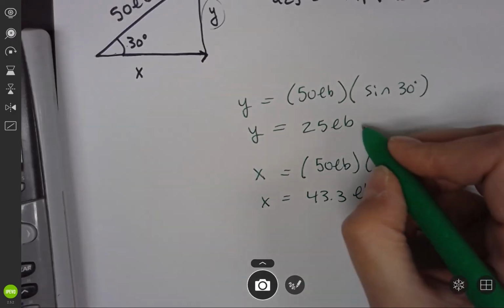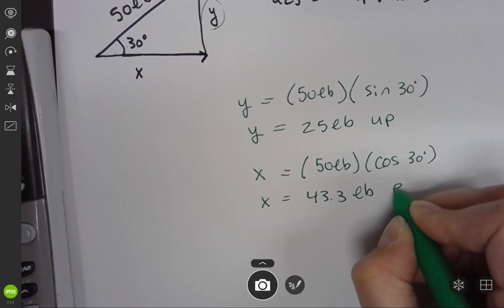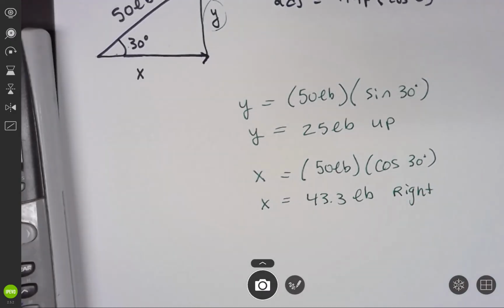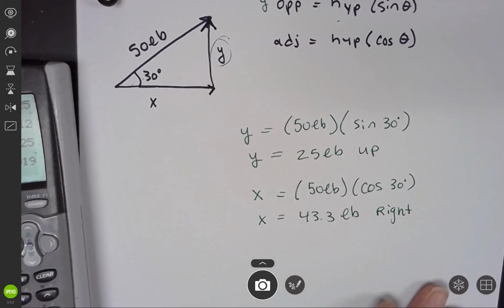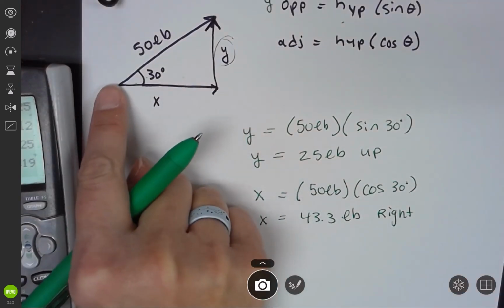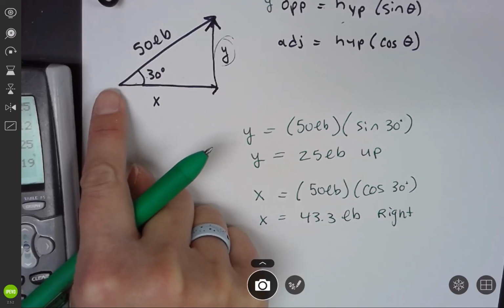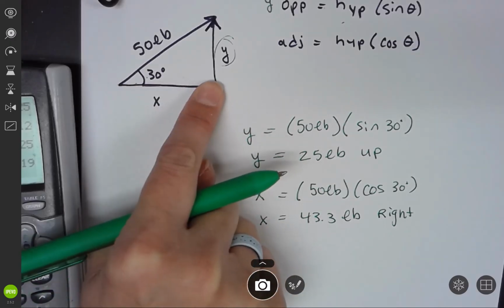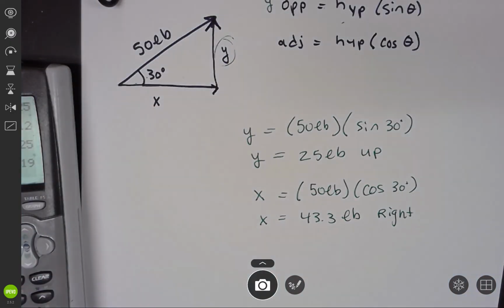And that is how much of my pull is upward and how much of my pull is to the right. And that was the point of this exercise, to take a look at that slanty force and say that if I tug at a 30-degree angle with 50 pounds of force, I'm actually pulling it both sideways with 43.3 pounds of force and upward with 25 pounds of force.